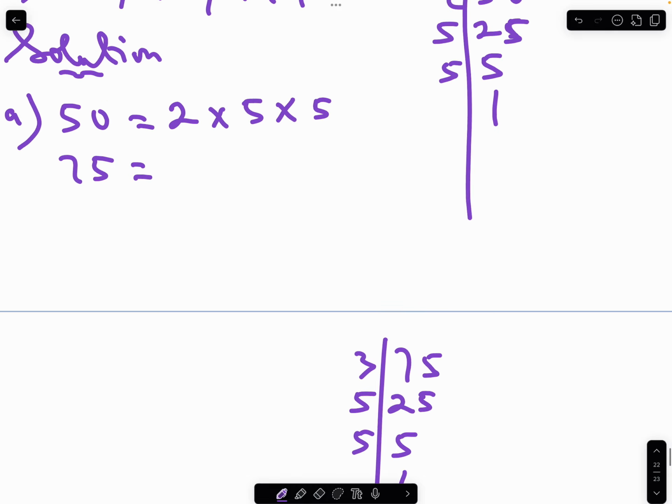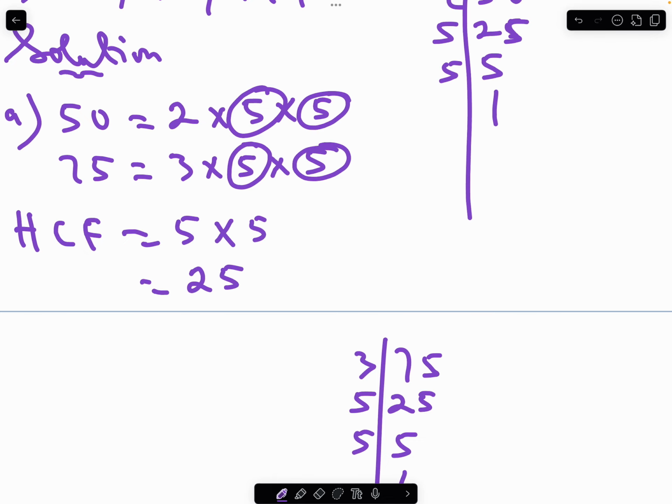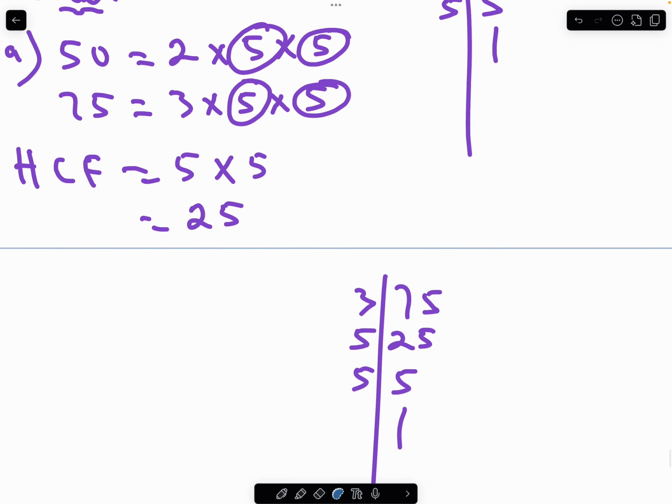That's 3 times 5 times 5. So the HCF, which is the highest common factor, will now be equal to, there's a 5 here, there's a 5 here, that's 5 times, there's a 5 here, and there's a 5 here too, 5 times 5, and that's 25.